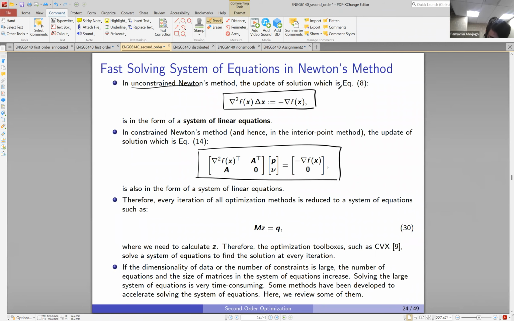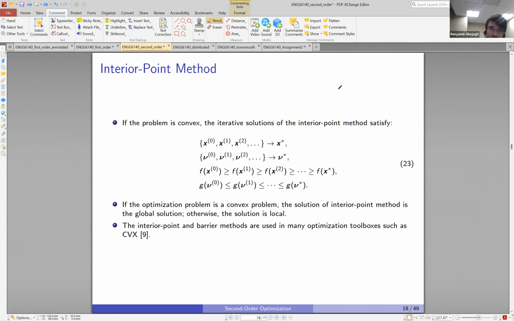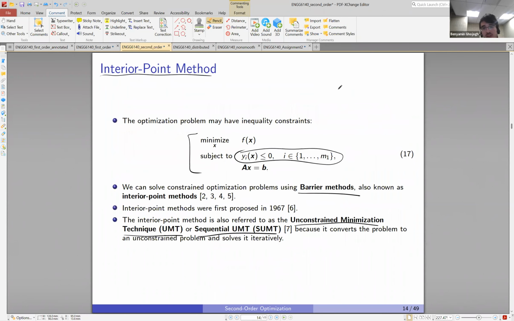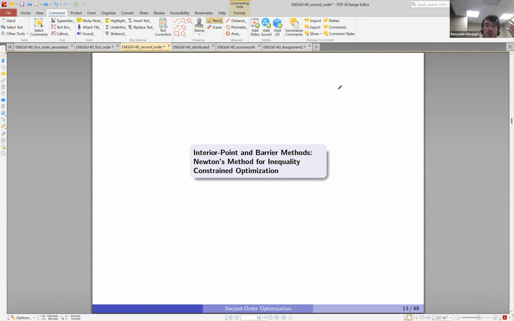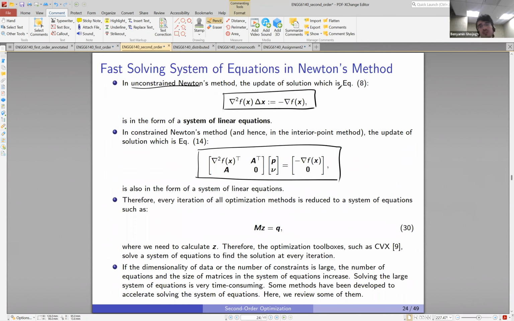Also, when we have inequality constraints, we convert them to equality constraints using the indicator function or the barrier function, and then we use equation 14 or 16 again. So no matter whether it's unconstrained, or constrained with equality or inequality constraints, we always have a linear system of equations, right?